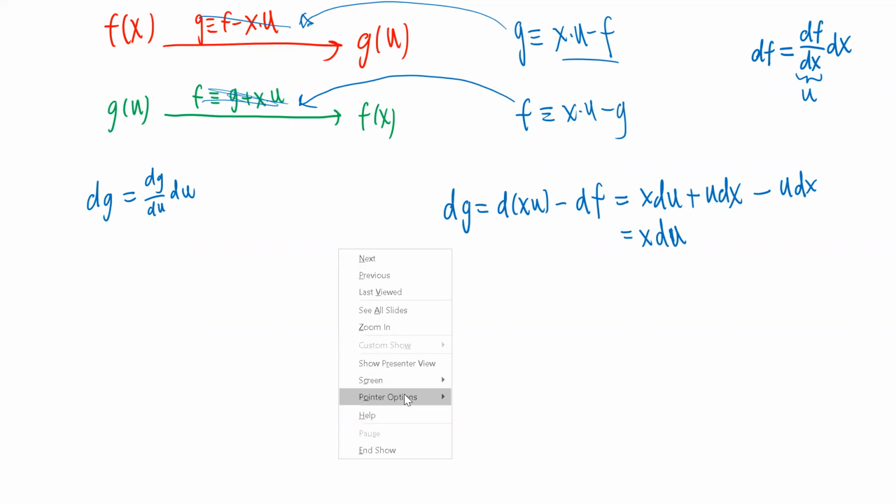Now compare what we have here and here. That is to say, when you do this kind of Legendre transform, dg/du has to be equal to x.